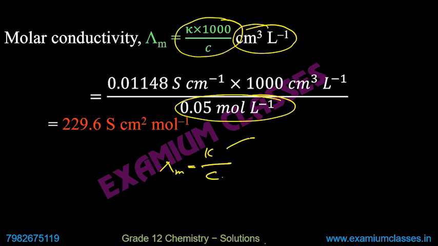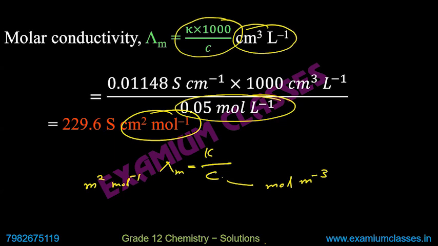kappa is 1 by rho and C is in mole per cubic meter. Accordingly, here the units will be meter square mole inverse, instead of centimeter square mole inverse.